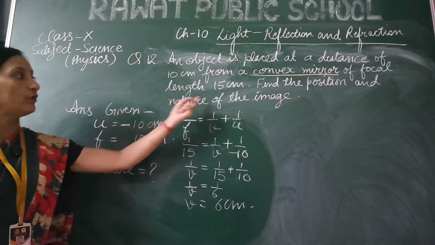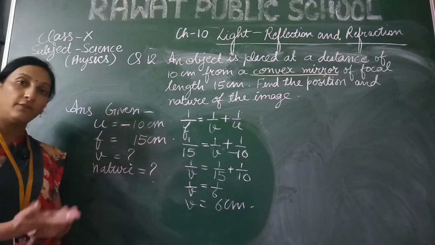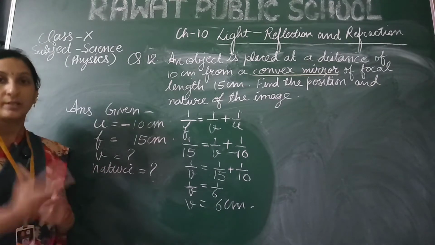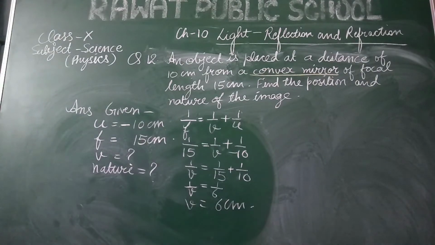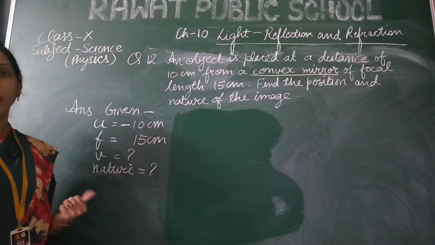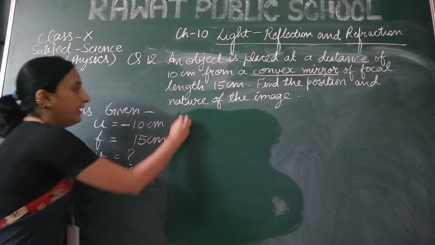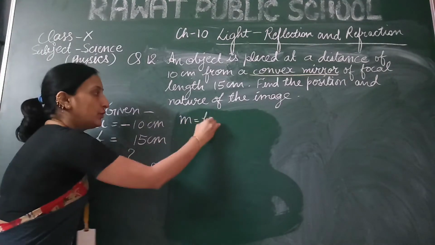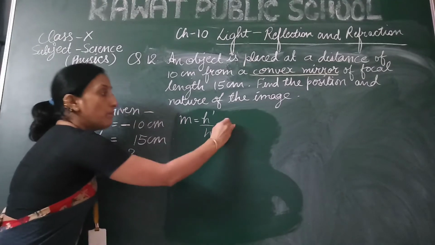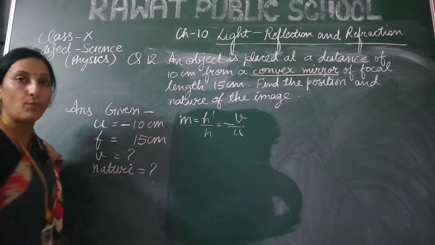Now we have to find out the nature of the image, whether it is virtual and erect or real or inverted, magnified or diminished. ये find out करने के लिए what we have to do? We have to find out the magnification. So what is the formula for a magnification, linear magnification of a mirror? That is M is equal to H dash upon H is equal to minus V upon U. So the height of the image and height of the object is not given.